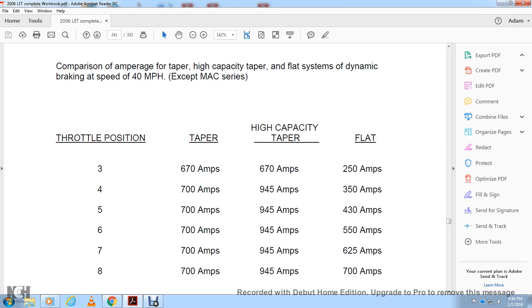Throttle 5, 700 amps, taper 945 amps, high capacity taper 430 amps. Throttle 6, 700 amps, taper 945 amps, high capacity taper 550 amps flat. Throttle 7, 700 amps, taper 945, high capacity taper 625 amps flat. Throttle 8, 700 amps, taper 945 amps, high capacity taper 700 amps flat.